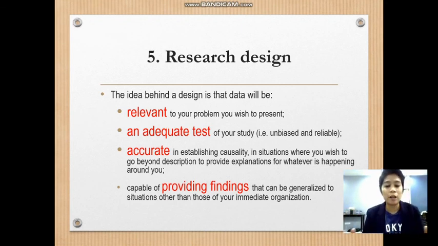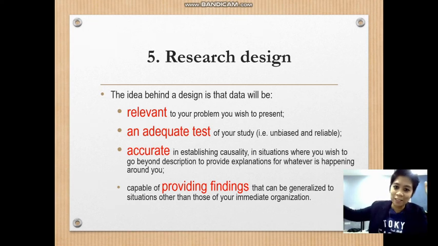For example, you are using student athletes, so the result later on can be used on student athletes in another country. If it cannot, then they can compare with us the results.